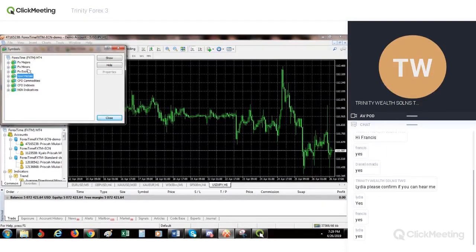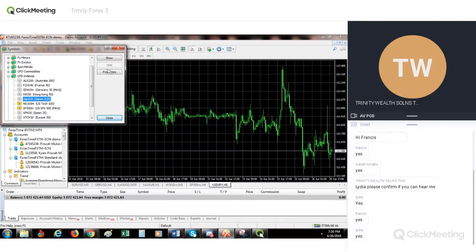CFD indexes, all right? Then I want to load, let me look for NASDAQ. Let me just say Japan 225. I will click on it and then click on show. On that box on the right, it is okay.